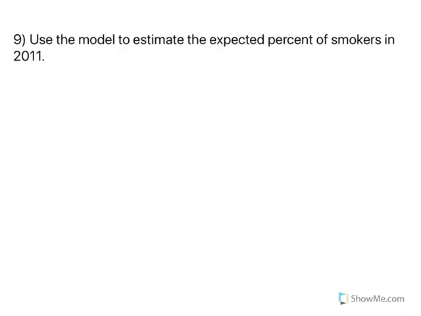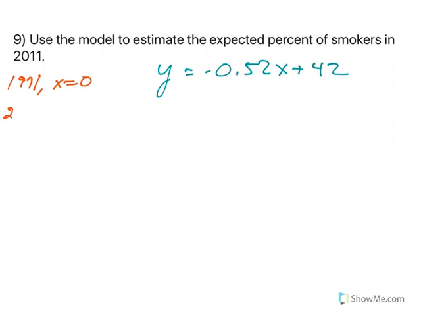And the last question here, number 9: use the model to estimate the expected percent of smokers in 2011. So we have, again, y equals negative 0.52x plus 42. Let's think through again. 1971 said x is 0. So 2011 is how many years later?